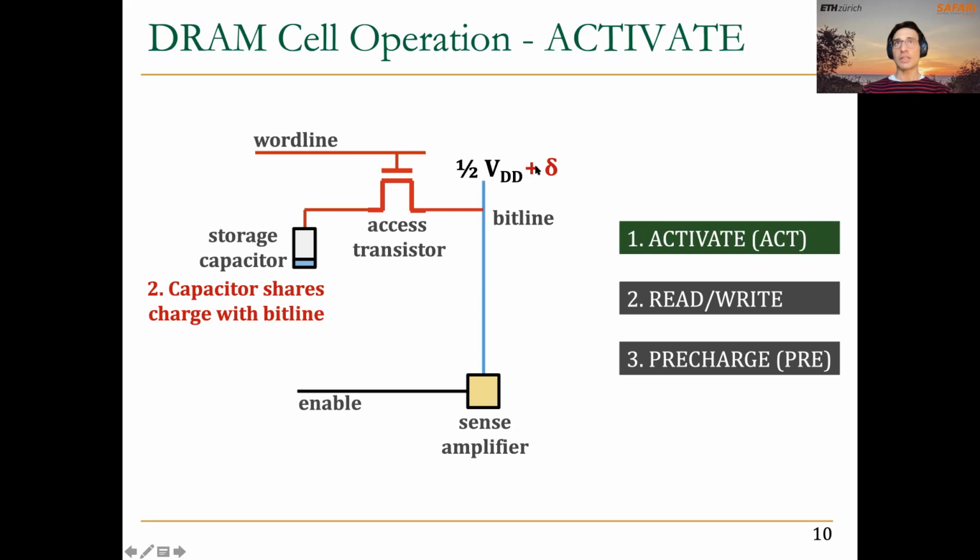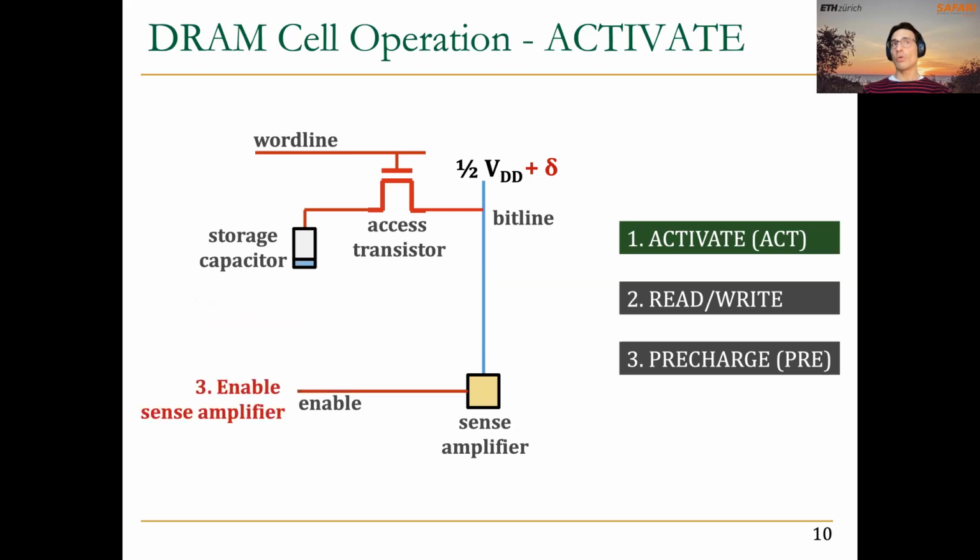This causes a perturbation in the voltage of the bit line. In the beginning, the voltage of the bit line is half VDD, and after the capacitor starts sharing the charge with the bit line, this voltage can go either a little bit up or a little bit down.